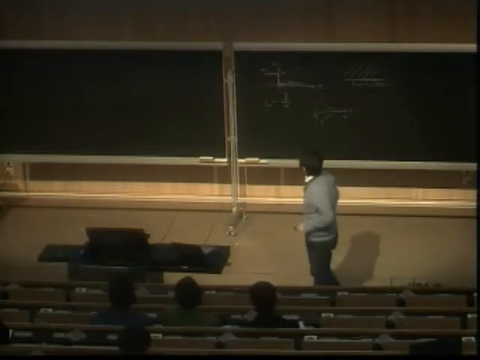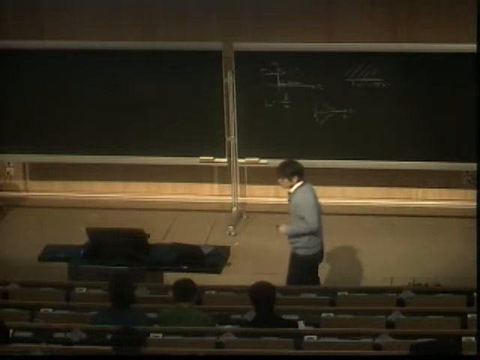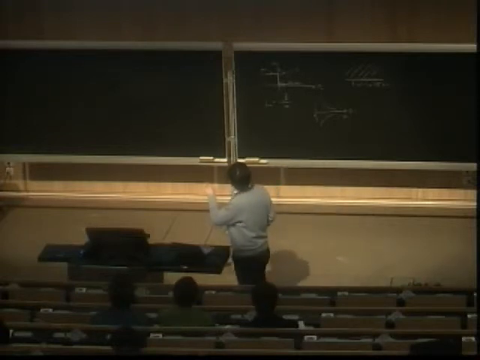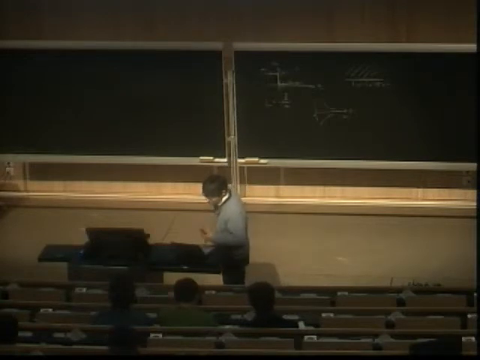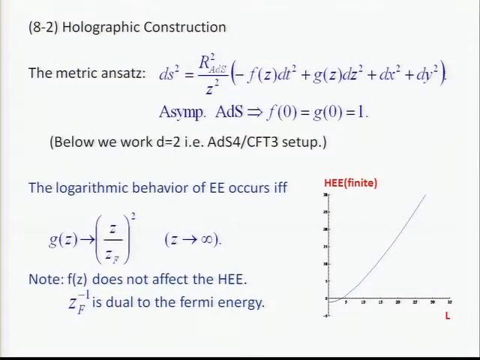This is identified with the energy scale of the Fermi surface, the Fermi energy. Indeed, we can confirm in this case that the holographic entanglement entropy looks like L log L. Assuming this is d minus 1, and we replace it by 1, L log L behavior appears. We can also analytically show, for a particular choice of subsystem, that this is true. So this is the input.